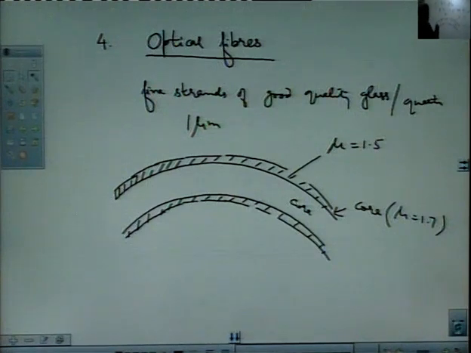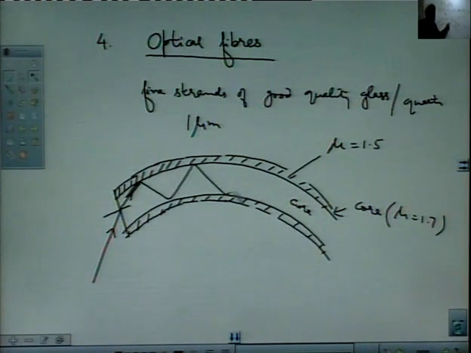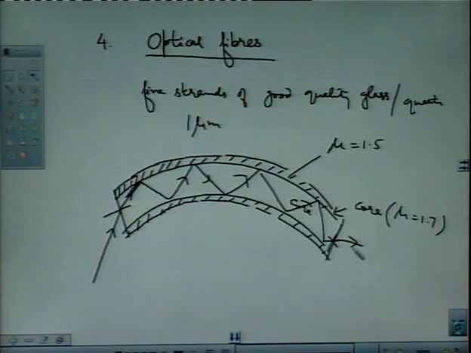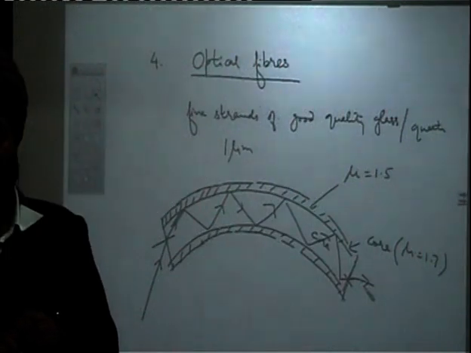Now light strikes from one end, bends and strikes the inner surface of the optical fiber, and due to total internal reflection this light will go, and at the end it will come out. So these optical fibers are very important and they are used in communication and medicine.